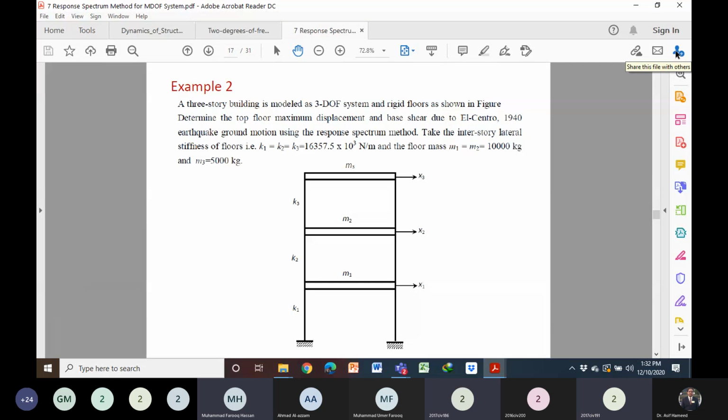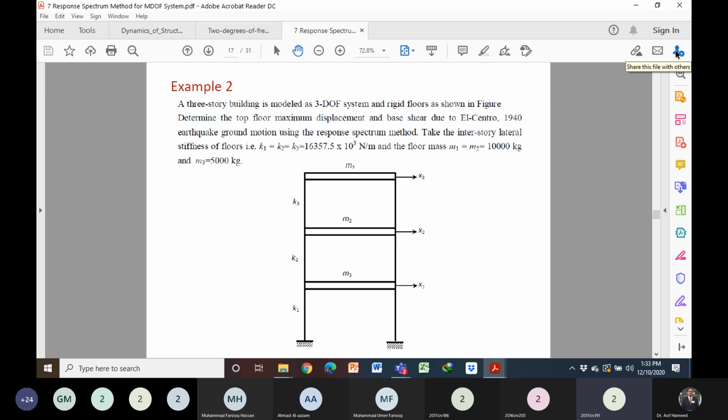A 3-story building is modeled as 3 degree of freedom system. Continue, please. Determine the top floor maximum displacement and base shear due to El Centro 1940 earthquake ground motion using the response spectrum method.